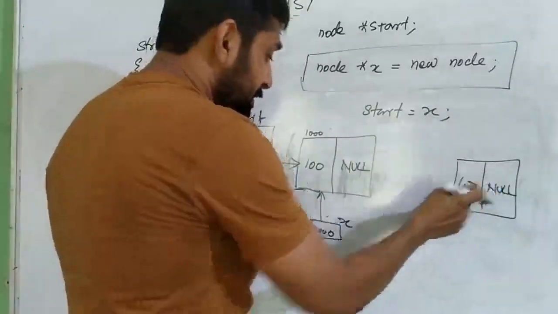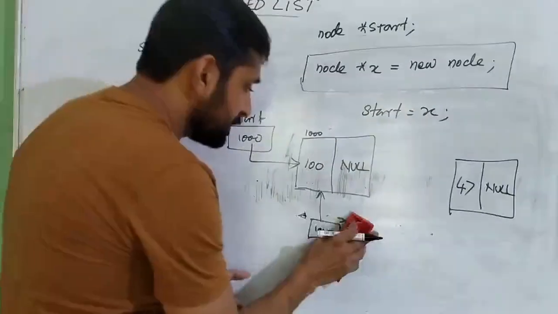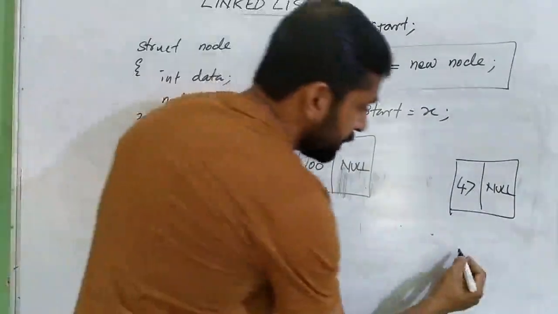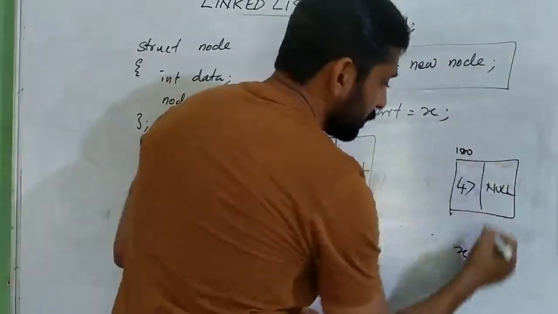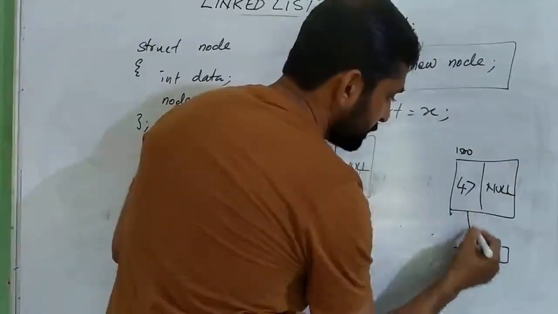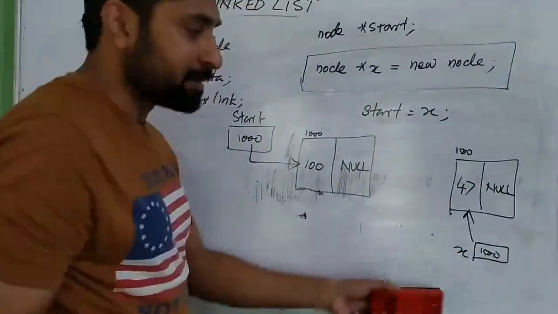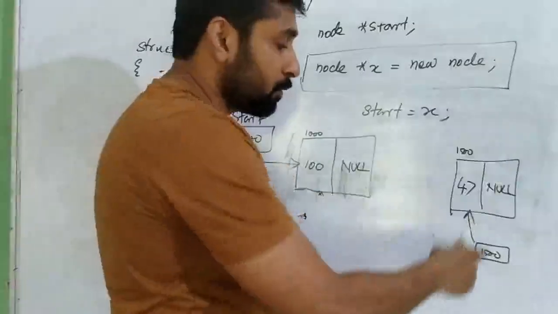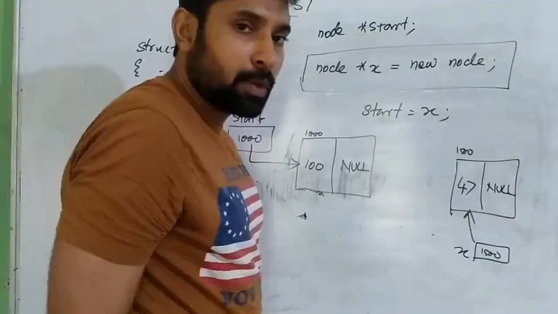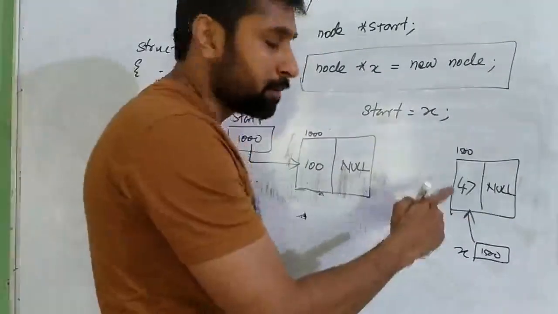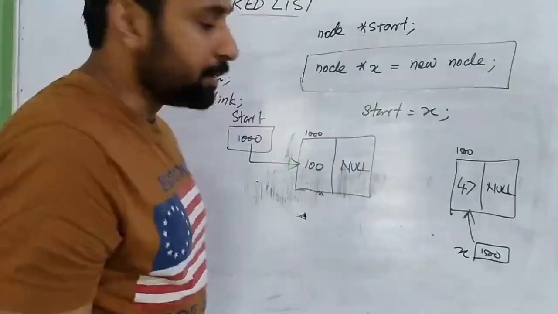Here the content of x will change; let this be 1500. x will contain the base address of the newly allocated memory. So 1500 here.